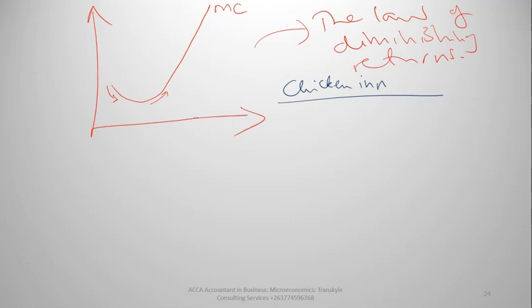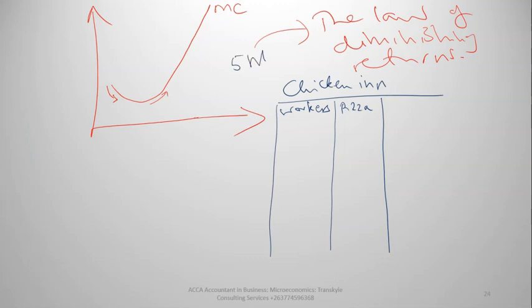This company has got workers and produces pizza. The workers, from our 5 M's, remember our 5 M's in the previous video, are part of the inputs, and then pizza is the output.